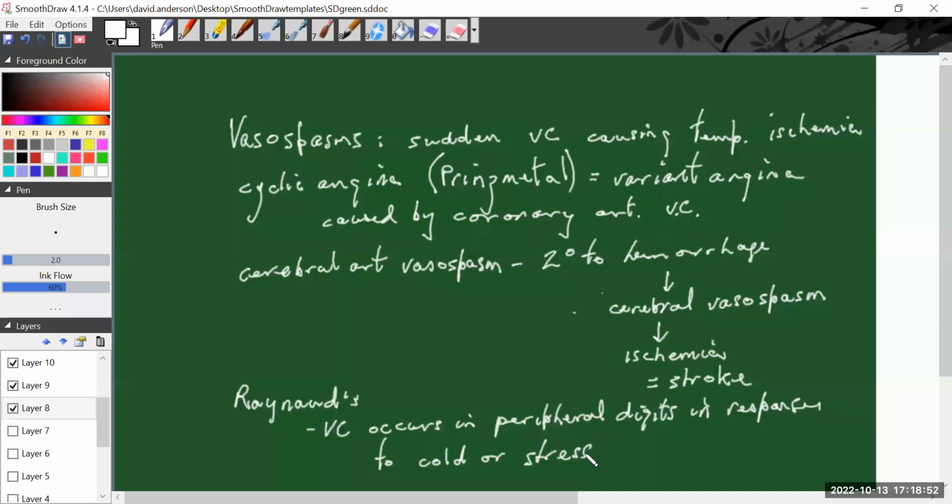So the vasoconstriction occurs in the peripheral digits in response to cold or stress. So you can physically look at these people that are experiencing a Raynaud's episode, and halfway down their fingers, there's a demarcation. There's a definite line between what is pale or cyanotic and what is pink and healthy looking.